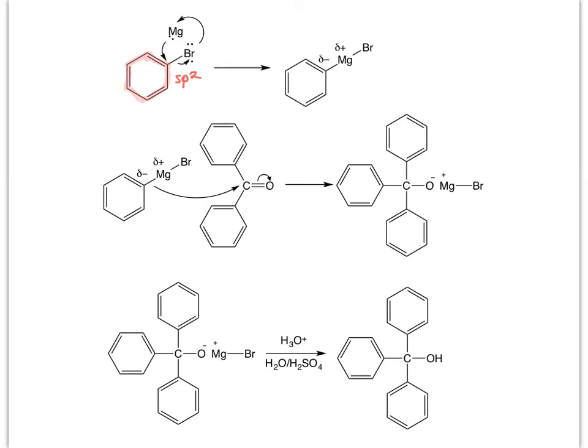Our Grignard can act as a nucleophile to attack the carbonyl of our benzophenone. Our electrophile here is benzophenone. Another name for this would be a diphenyl ketone.